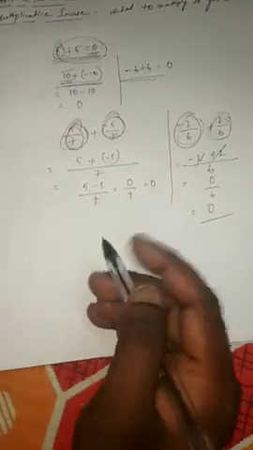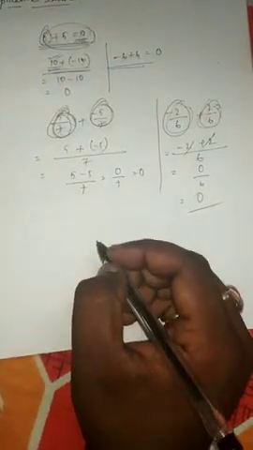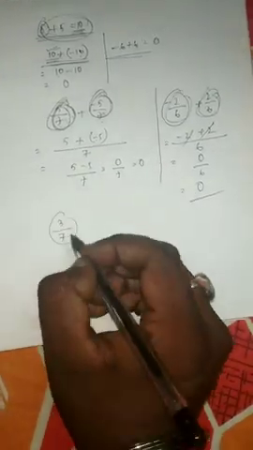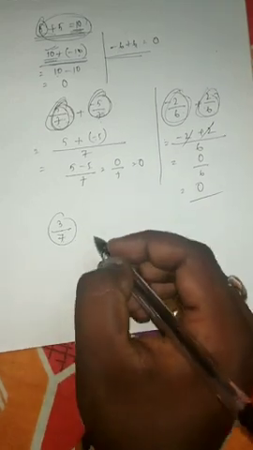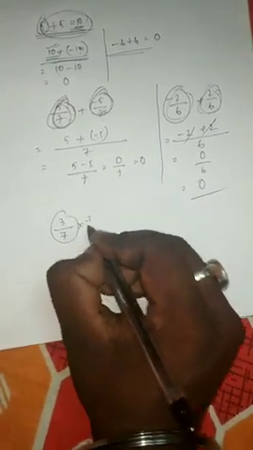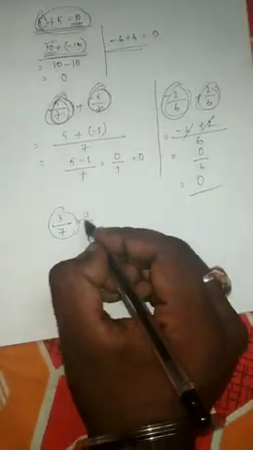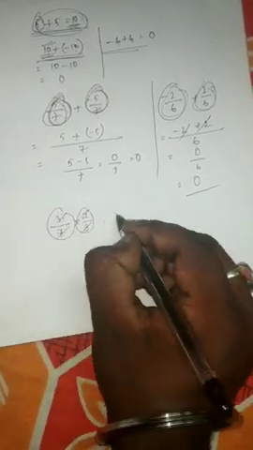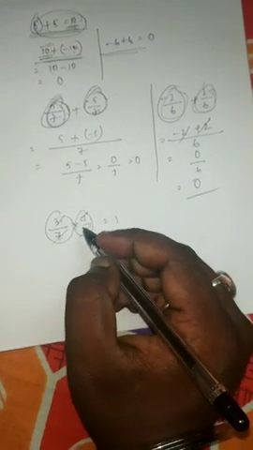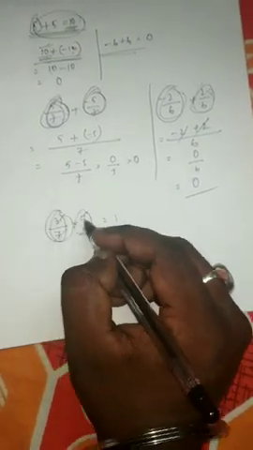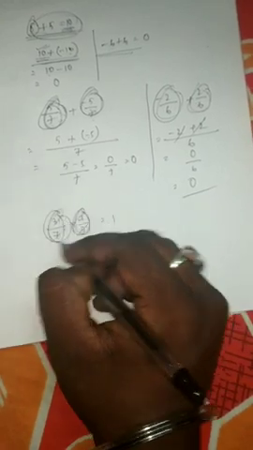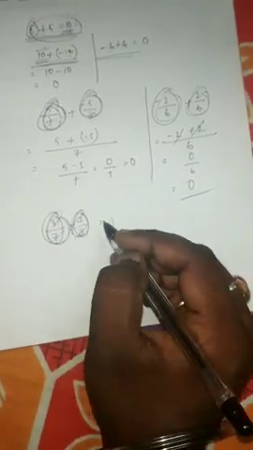Suppose I'm considering 3 by 7. What is to be multiplied with this number in order to get 1? Of course, that number will be 7 by 3. If I multiply 7 by 3 with 3 by 7, I'll surely get 1. So the multiplicative inverse of 3 by 7 is 7 by 3, or the multiplicative inverse of 7 by 3 is 3 by 7. They are vice versa of each other.